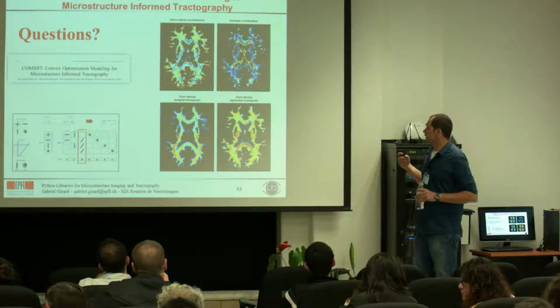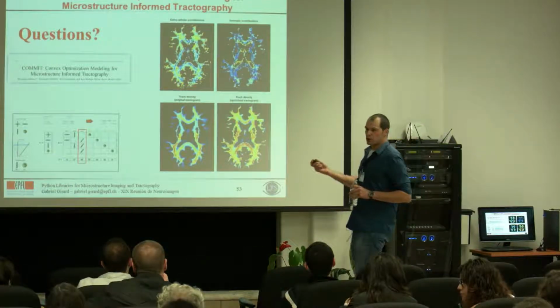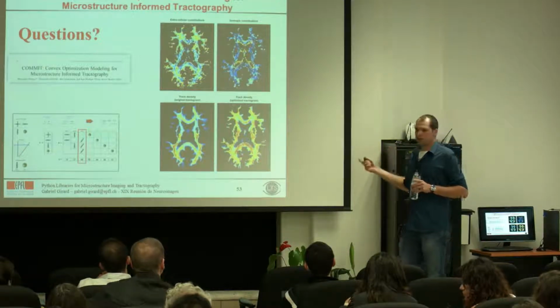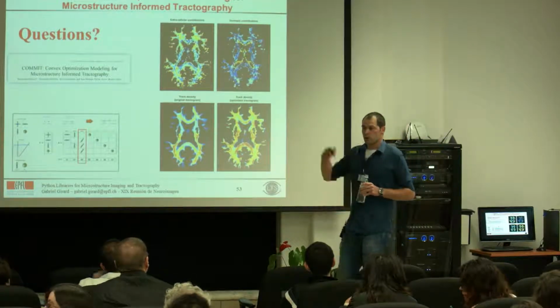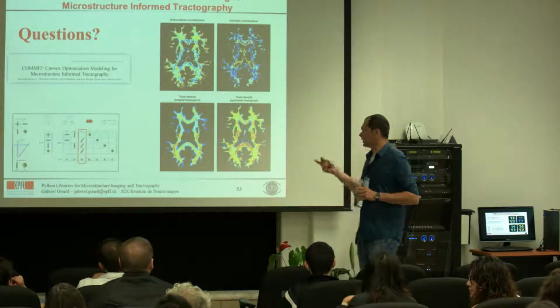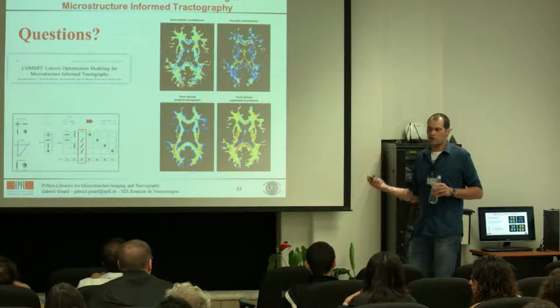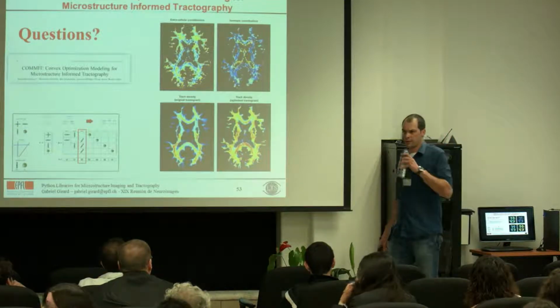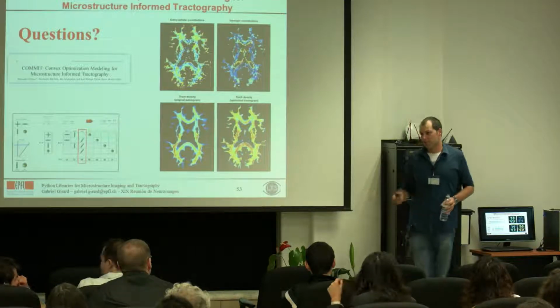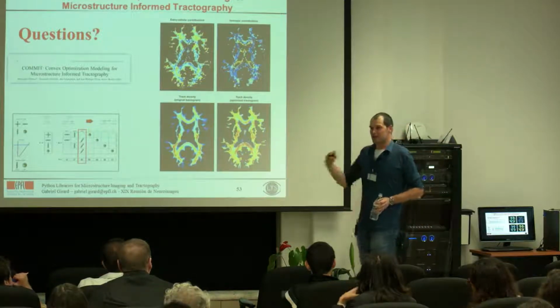If you want to fit a tensor model or ball and stick, you can do it with a single shell. If you want to fit the NODDI model, or the ball and stick model, a single shell will be enough to do that. Thanks. Of course, if you have more data, it's even better, even for the simple model.